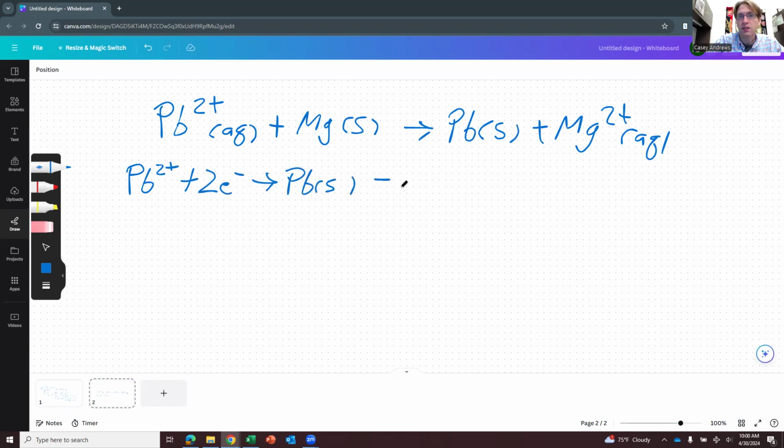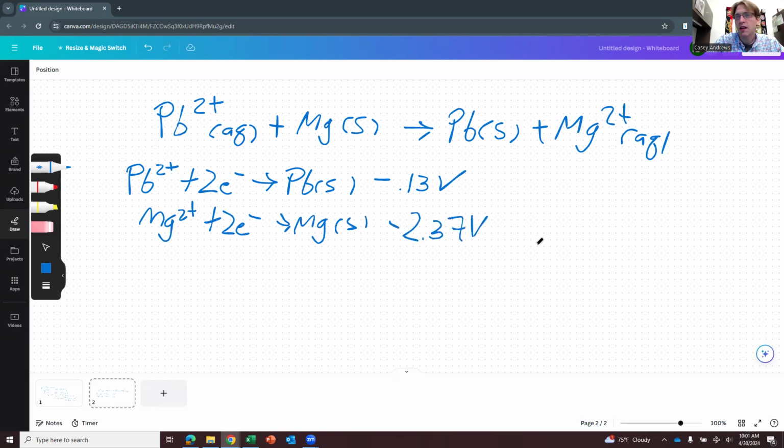That has a reduction potential of negative 0.13 volts. And magnesium has a reduction potential of negative 2.37 volts. And the question is, what is delta G naught for this reaction?